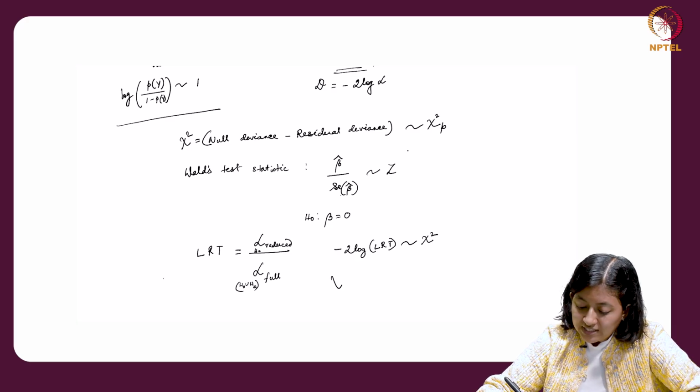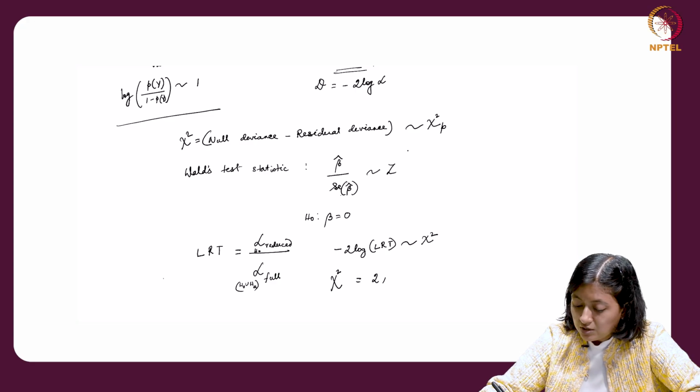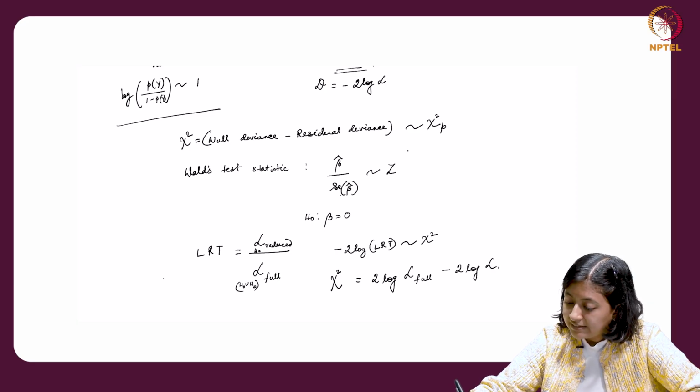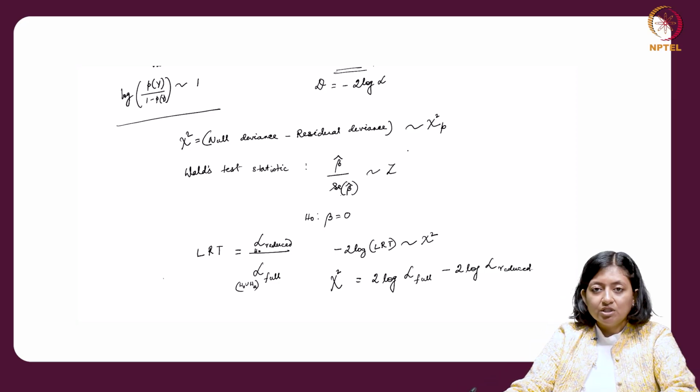So naturally, the chi-square test statistic is nothing but twice log of likelihood maximized under the full model minus 2 log likelihood maximized under the reduced model, and they converge to the same distribution.